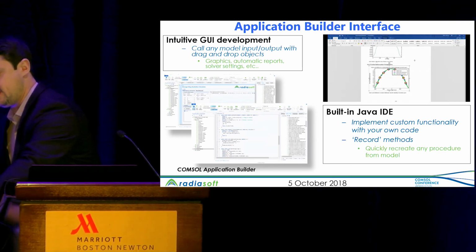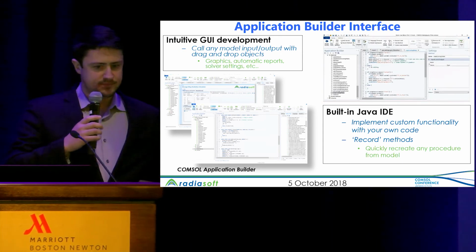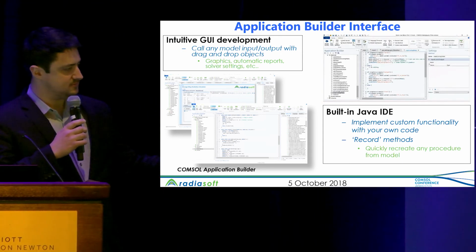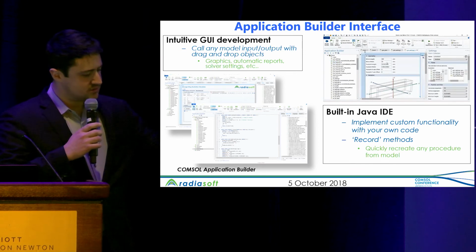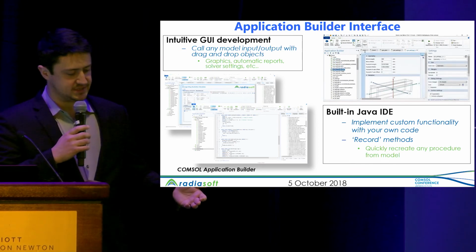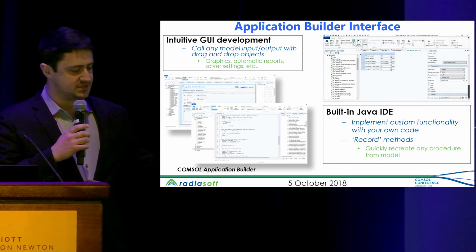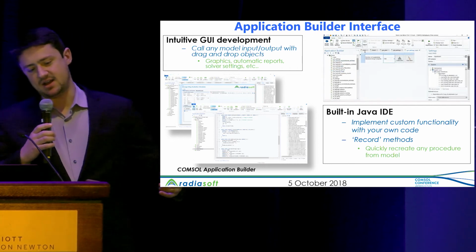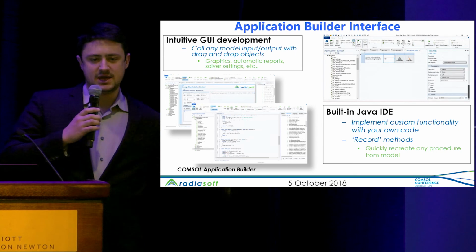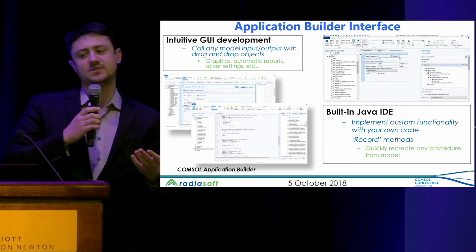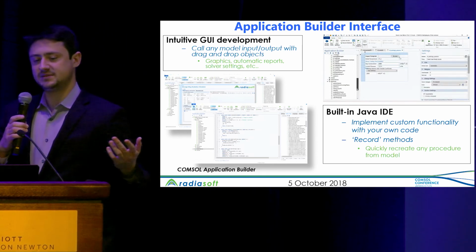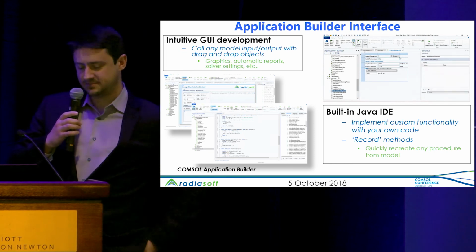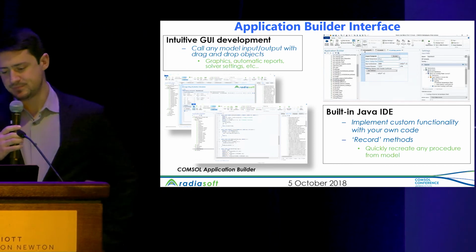You can click record method, go into your underlying model, run a handful of procedures, say run a calculation, get the result, change an input parameter, stop recording the method, and it will spit out that Java code for you, which is amazing. It's been very nice to use.